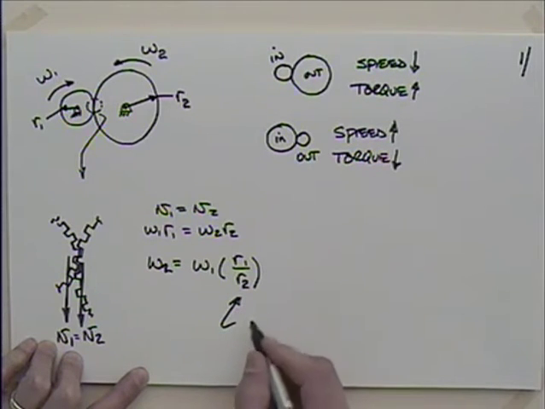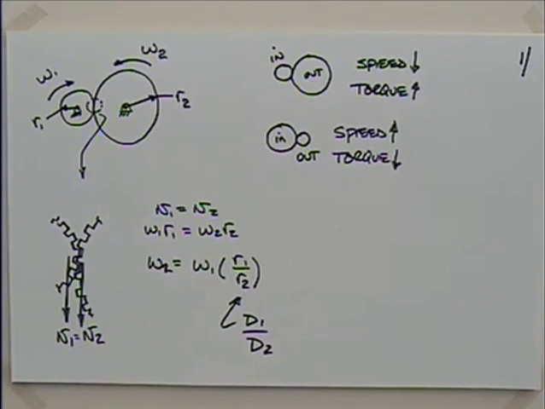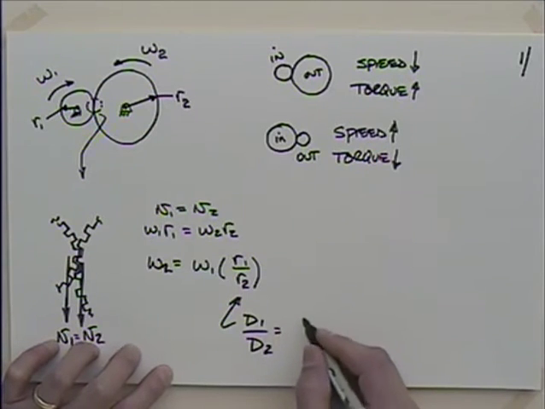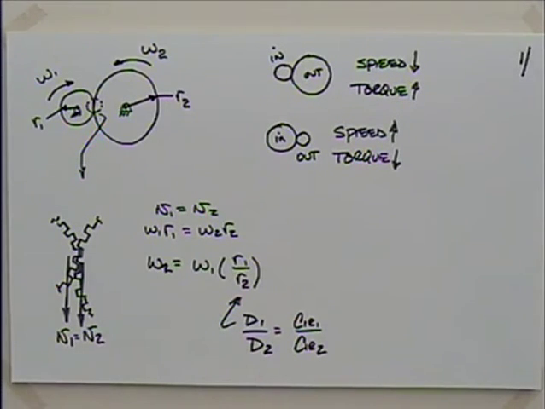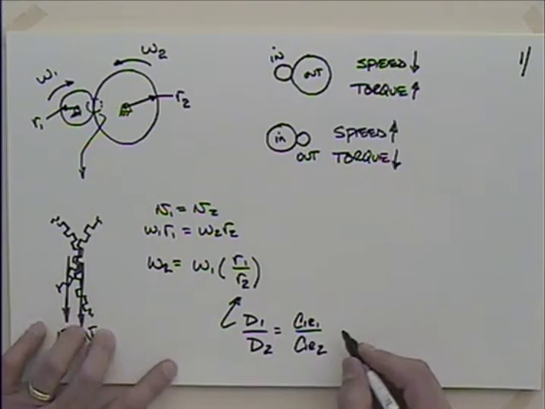Well, we can go back and look at this ratio, this R1 to R2. We could, of course, say that that was diameter 1 to diameter 2, because if you take the diameter and divide it by 2, the 2's would cancel. We could say that this would be equal to circumference 1 divided by circumference 2, right? I mean, that's just a constant between those, getting from the diameter to the circumference.